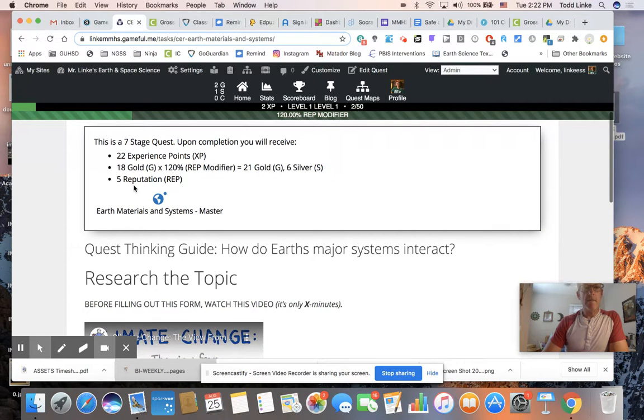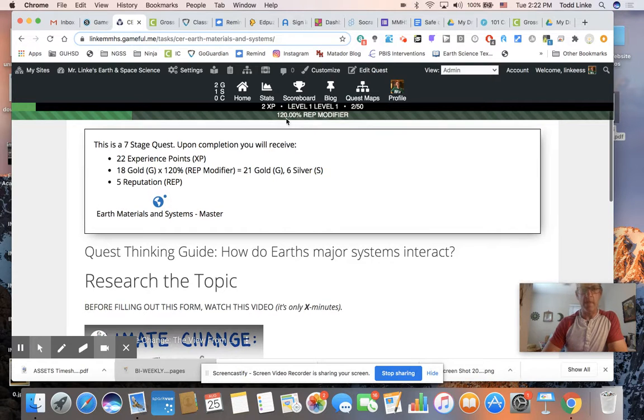Okay, next I'm going to look at this, and this is a 7-stage quest, so I know it's going to take me some time, but upon completion, I'll receive 22 XP, experience points, 18 gold, and I personally right now have 120% modifier for my rep, so that's really good.